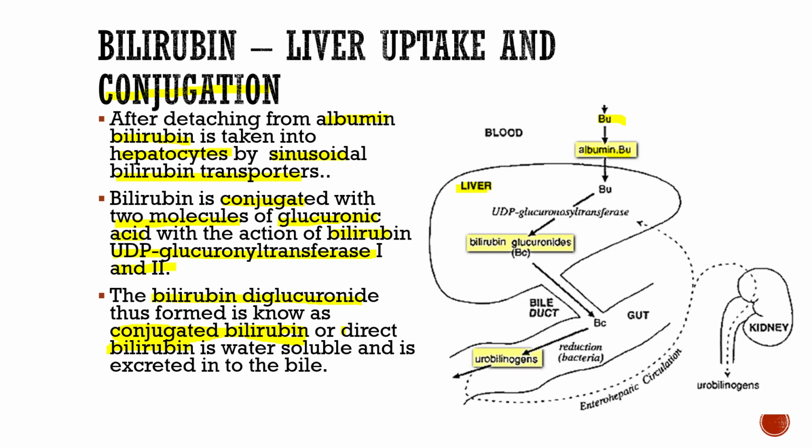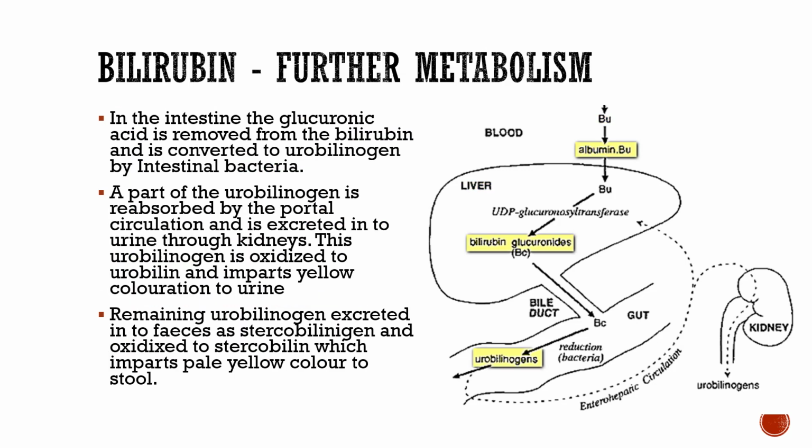So, moving to the next slide, further metabolism. In the intestine, this bilirubin diglucuronide, which is water soluble, will come through the bile duct to the small intestine.